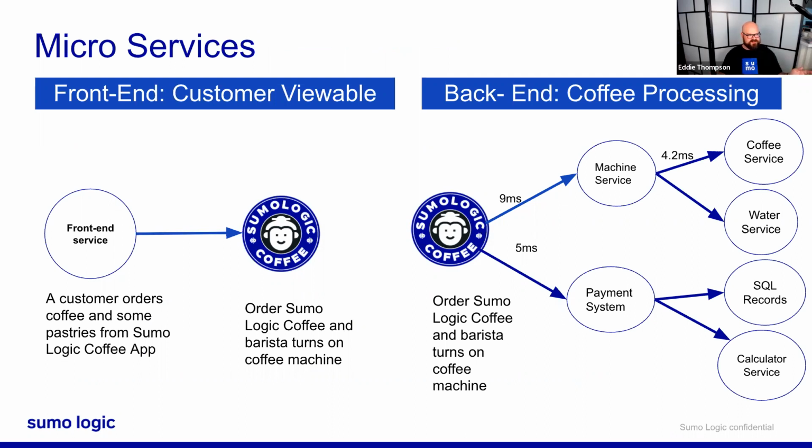We've got a front end service which the user can log into, make their order, and then it fires off some requests to some back end services. We've got a machine service which calls the coffee service and the water service. We've got a payment system which hits up a SQL database and a calculator service. But basically, you can see that there are consistent requests flowing through into a distributed application.